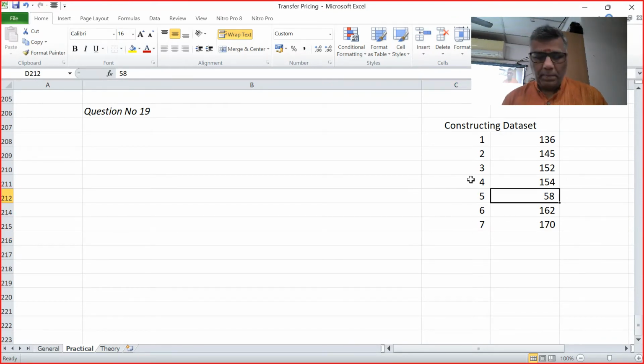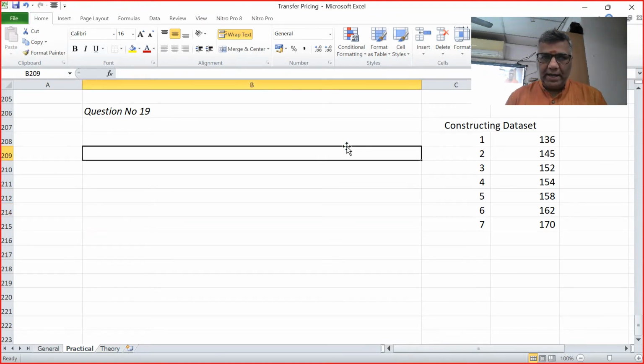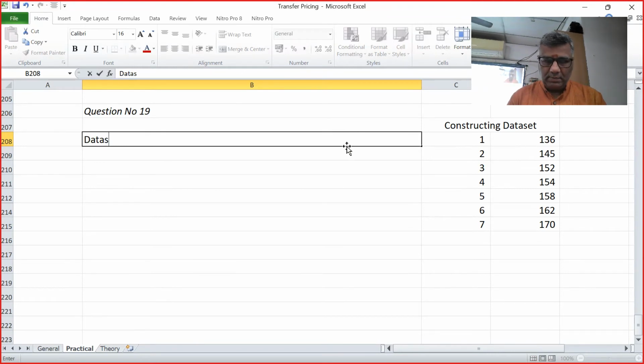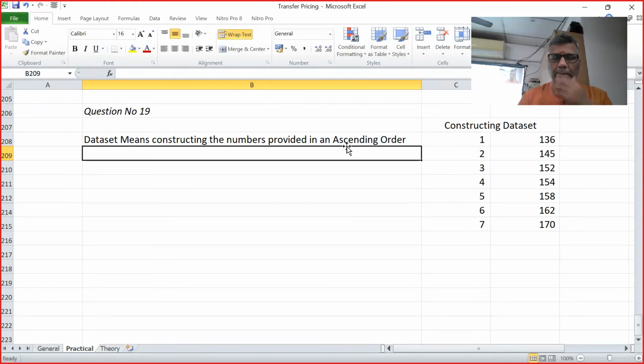158. Okay, this is known as, what is data set? Data set means constructing the numbers provided in an ascending order. Okay.